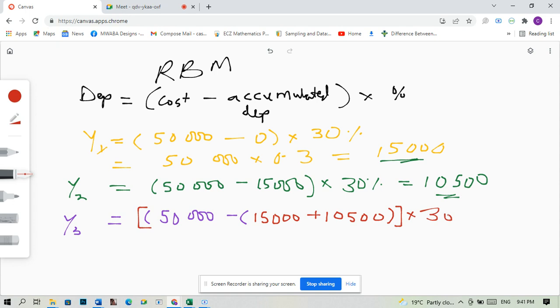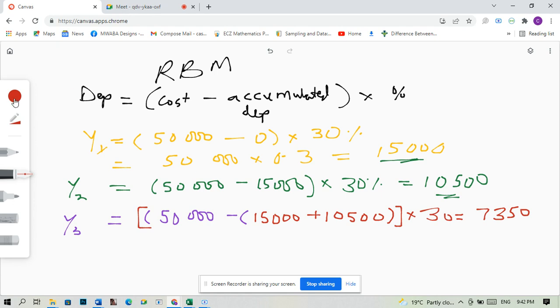So we're going to say 50,000 minus 25,500. We're going to get 24,500. We'll multiply that by 30%, and we're going to get 7,350. So this is the depreciation expense for year 3, 7,350.